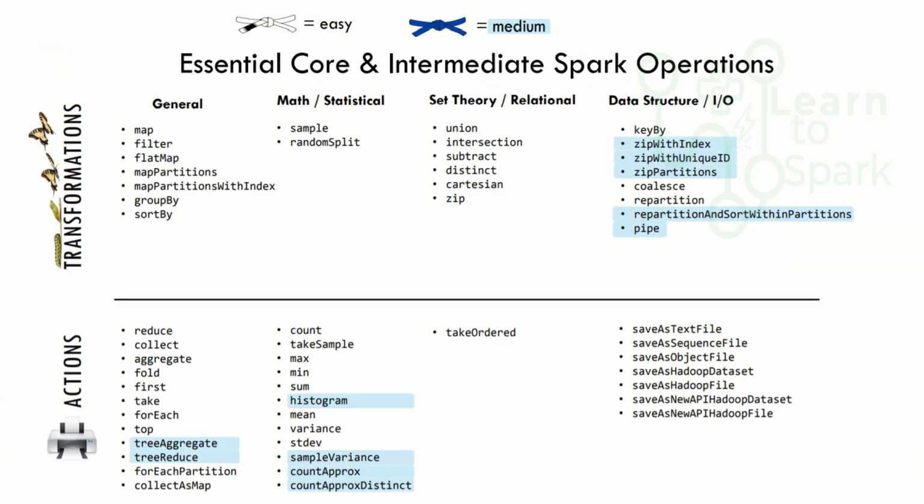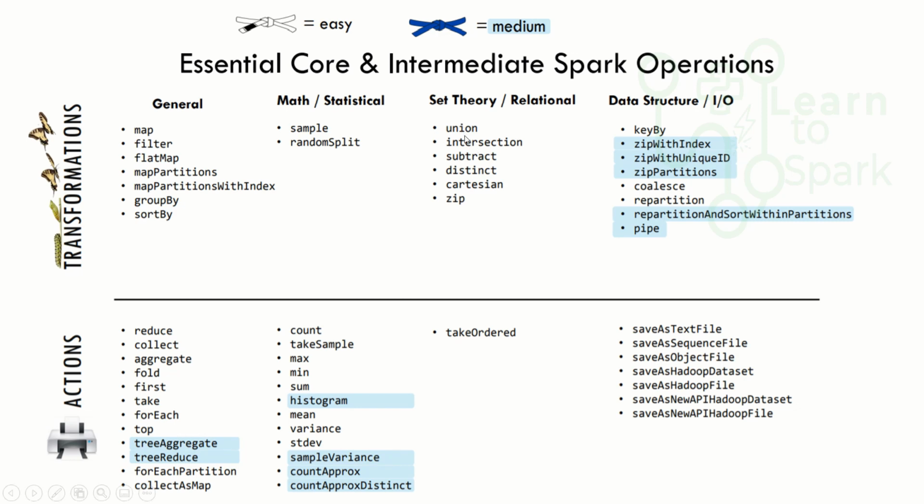Some of the transformations and actions that we use in our day-to-day life are shown here. Here you can see I have separated them into 4 categories: general, mathematical, set theory and data structure related things. We have also highlighted whether it is an easy one or a medium one. You can find the common operations that we perform, like filter, map, flat map, map partition, group by, sample.